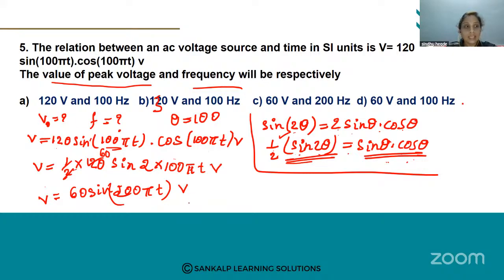Now compare it with the standard equation. What is the standard equation for the peak value of voltage? V = V naught sin ωt. This is the standard equation.